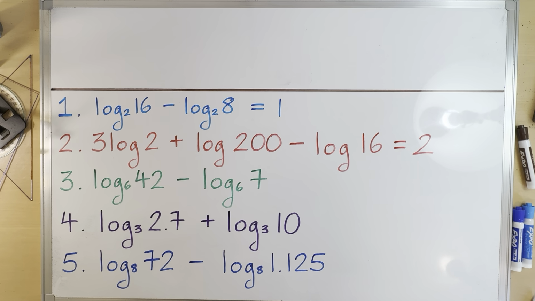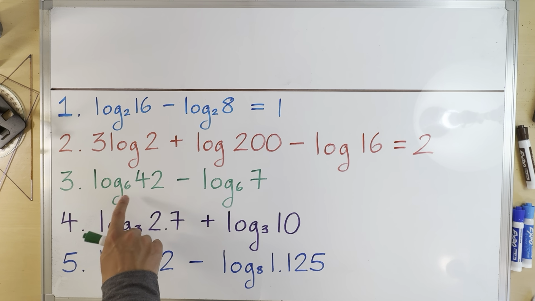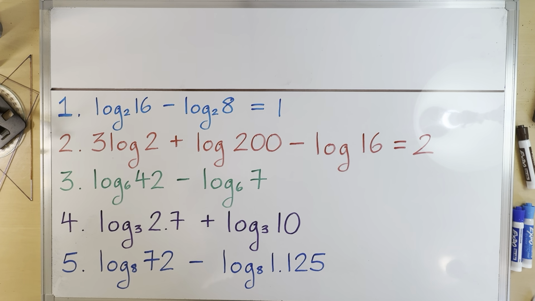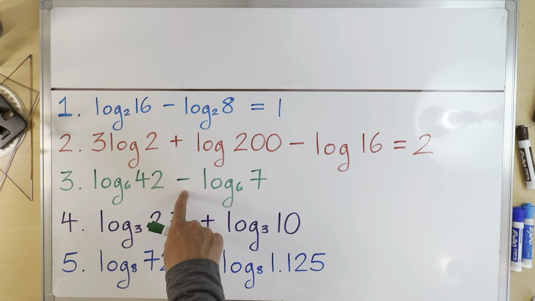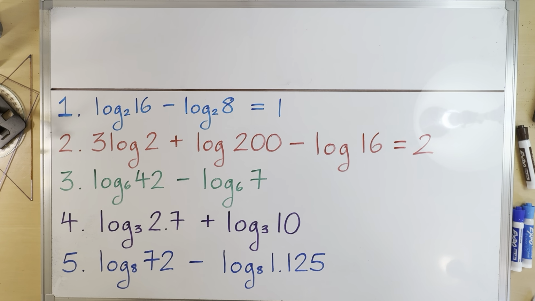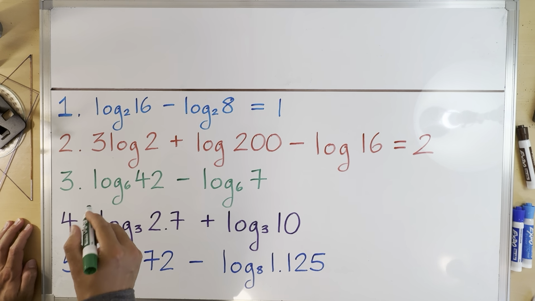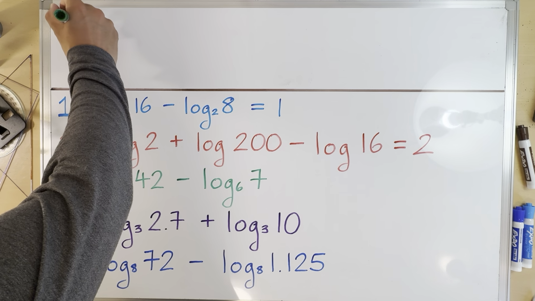For problem number 3, we have the log base 6 of 42 minus the log base 6 of 7. According to the quotient rule for logarithms, this expression can be written as follows.